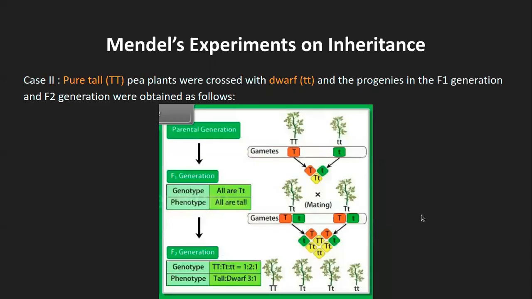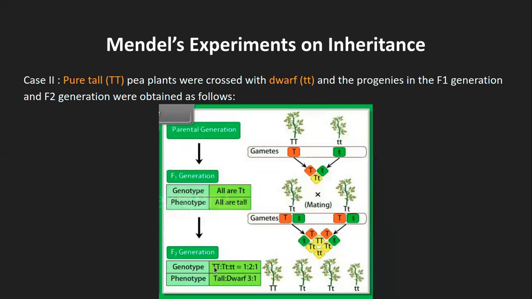Yes, sir. So that's the example shown here. And like I said, we get a genotype ratio of 1:2:1, but we have to mention what that genotype is. Otherwise, we can also write 2:1:1, but then this will go in front. So I hope you are getting what I'm trying to say.